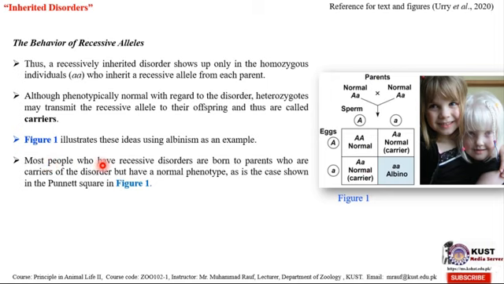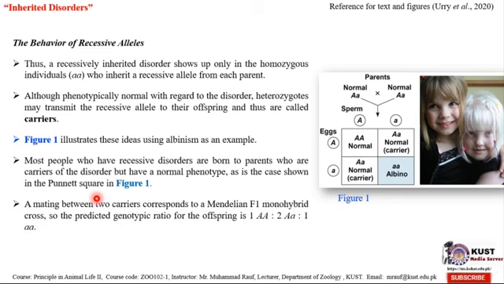Most people who have recessive disorders are born to parents who are carriers of the disorder, just like here, but have a normal phenotype. Carriers don't exhibit any symptoms of the disease, but they carry a defective allele and can pass it on to the next generation. A mating between two carriers corresponds to a Mendelian F1 monohybrid cross.